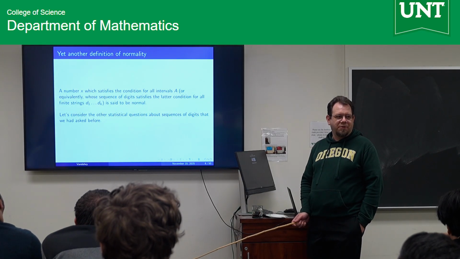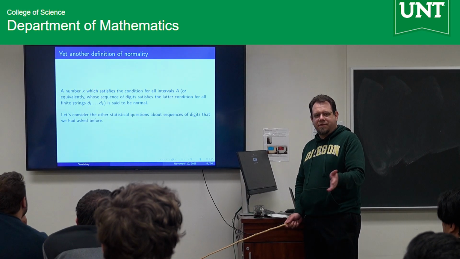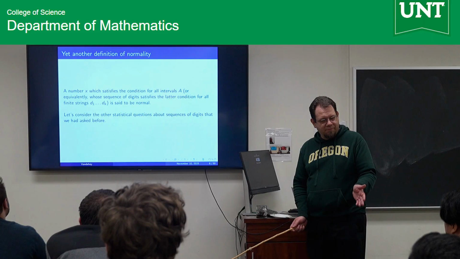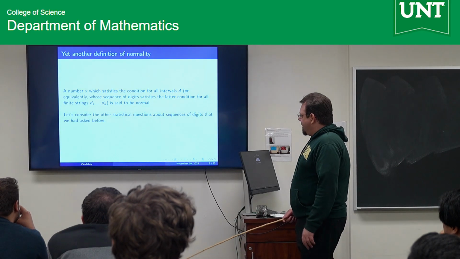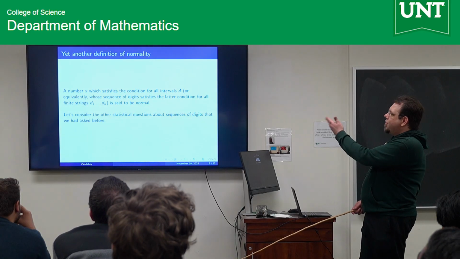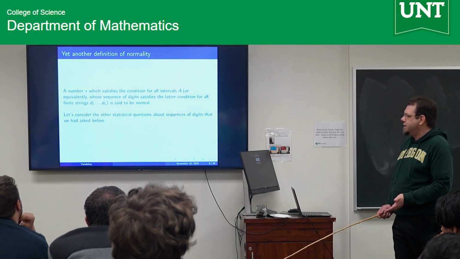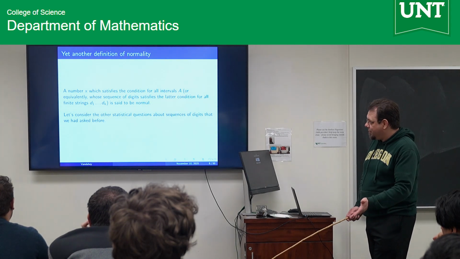At one point I tried to look up how many different uses of normal there were in mathematics on Wikipedia, and I think I stopped after about 25. So a number x which satisfies the condition for all intervals A, or equivalently, whose sequence of digits satisfies the latter condition for all finite strings d1 up to dk, is said to be normal.